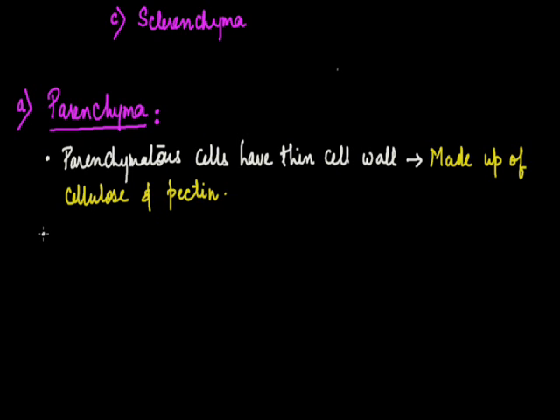Besides this, the parenchymatous cells have a large central vacuole, and that is meant for the storage of food and water. So these cells have a large central vacuole for storage of water and food.